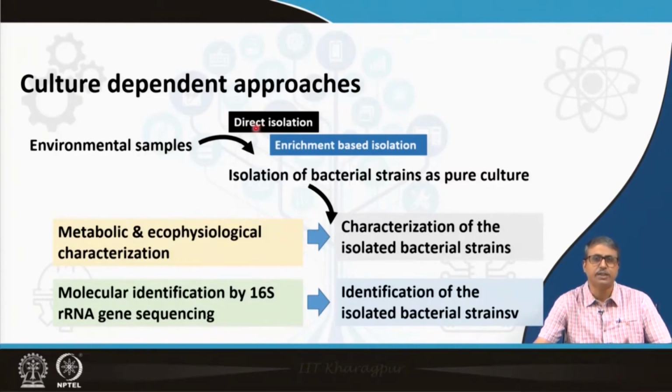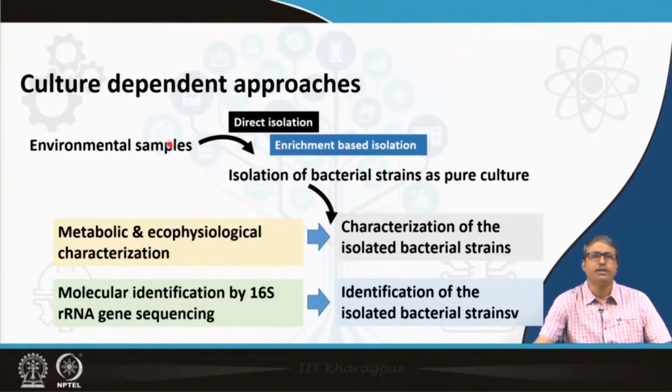So, the samples are diluted and added directly onto the top of the agar or within the agar in case of the anaerobic organisms, and it is expected that the microbial load or the concentration of the microbial cells in different environmental samples, like the wastewater treatment sample, like the activated sludge, like any other environmental samples, will be too high, in the order of 10 to the power 6 or 10 to the power 8 cells per gram or per milliliter of the samples.